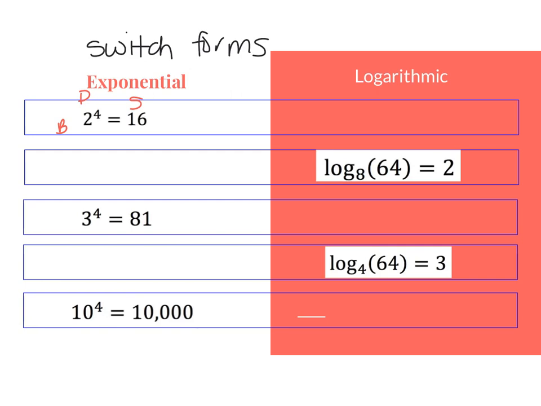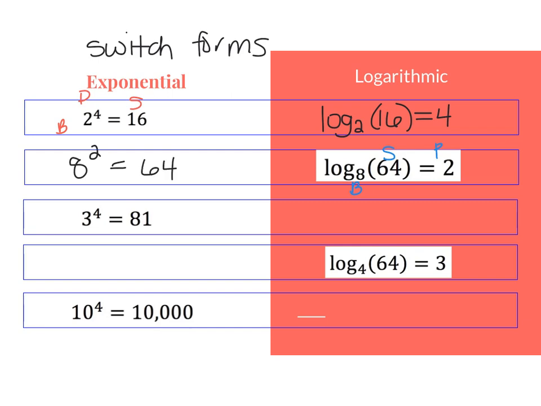When I write that into a log, it's log base, again, it should be a subscript, of 16 equals 4. When I go backwards from log to exponential, I identify the base, the solution, and the power, so that when I put that into the exponential form, it's base, power, equals solution.